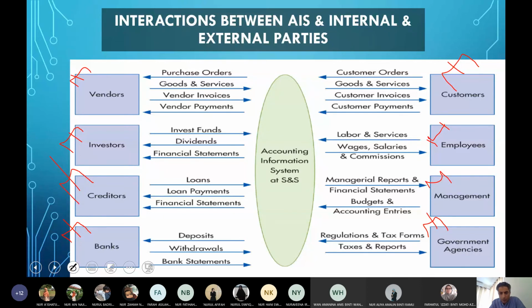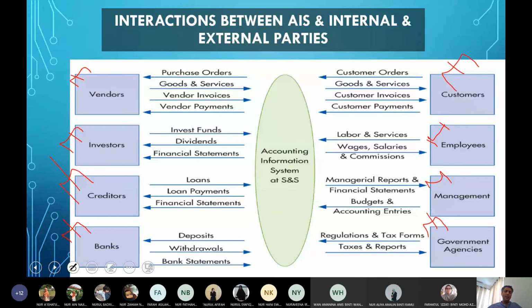For the accounting information system, consider those parties the same; it doesn't consider whether this is external or internal. It's about what the relation is, what the flow in and out of the information is. Because remember, the accounting information system is about information. It's about the information flowing in from the vendors or from the investors, and what information should flow out from the accounting information system to those parties in response to their incoming information.